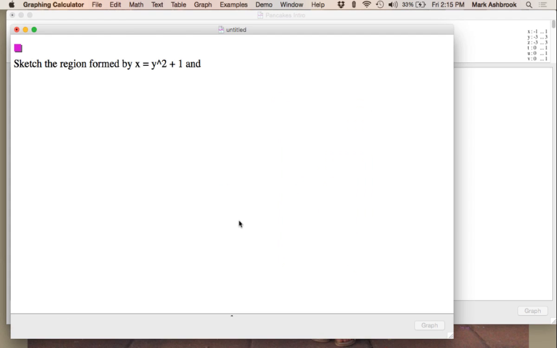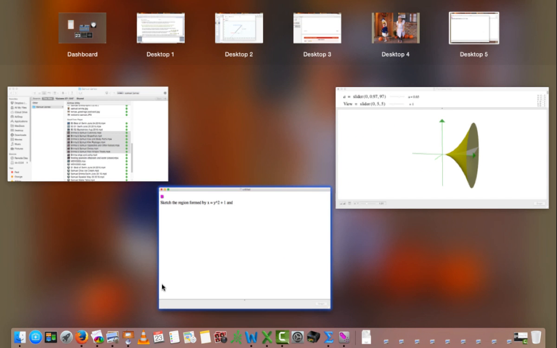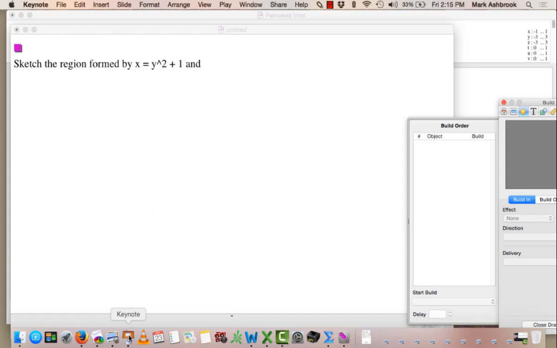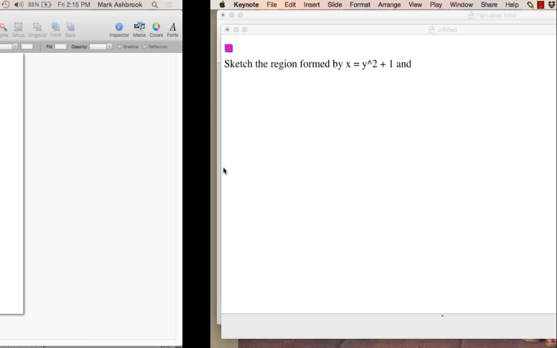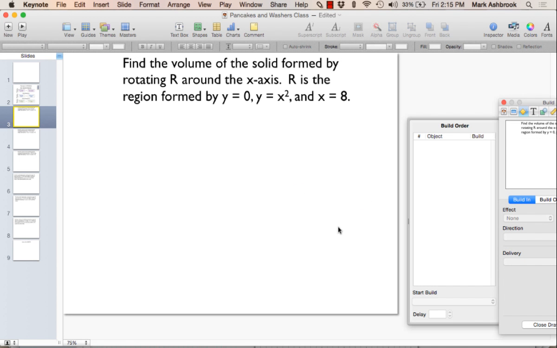So what do we need then? We need PowerPoint. Yeah, so we know what that solid is now. You sketch the region. It looks something like this. Okay, when we rotate that region, we get something like that.